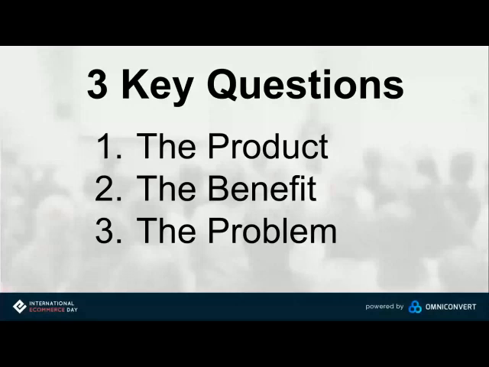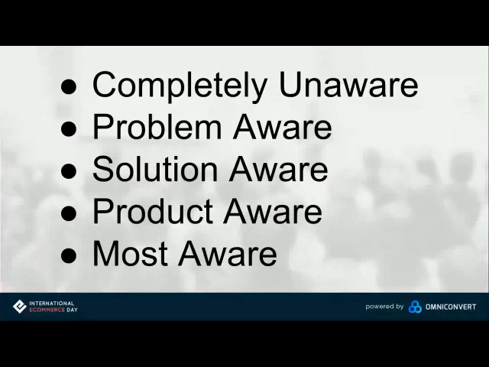The answer to that will tell you where the market's level of awareness sits on a spectrum across 5 different stages. And here are those 5 stages. They are completely unaware, problem aware, solution aware, product aware, and most aware. Now, in a market that is completely unaware, your prospects are not aware of the problem or the need for a solution.